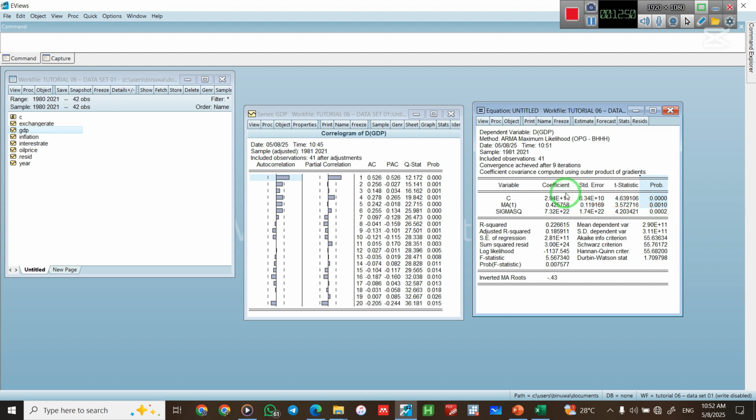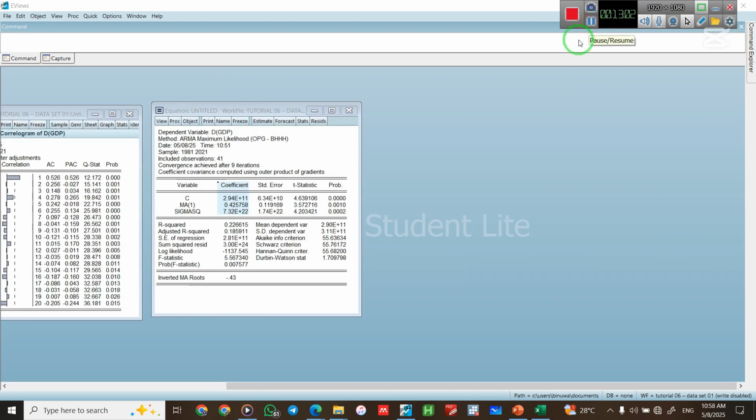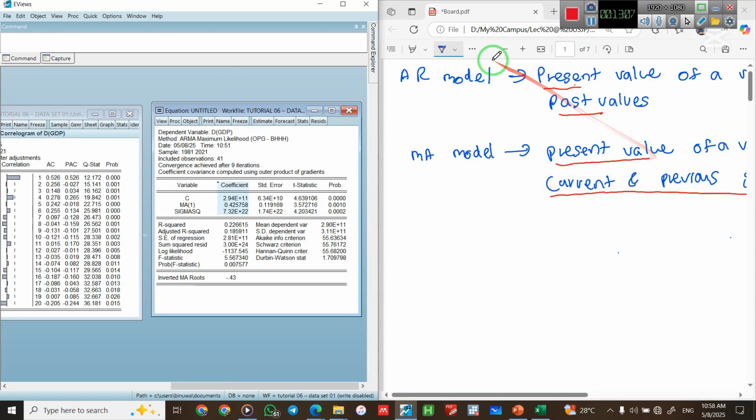And now we are going to talk about the coefficient. When talking about the coefficient, we can write the equation for the DGDP like this, right? First I will split my screen for my easiness, and here is our whiteboard.